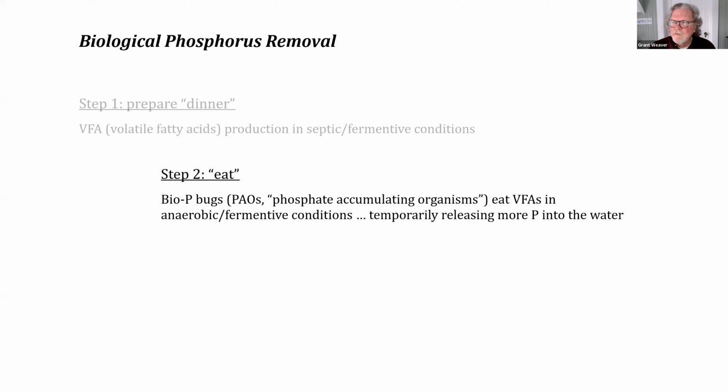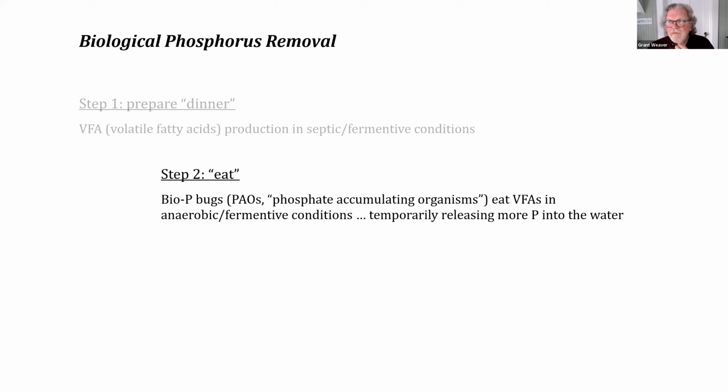So we've created the food, and then we're bringing the bacteria that eventually are going to go back into aeration conditions, the same bacteria, either in the same tank where you create the volatile fatty acids or in a different tank. They need to come together so that the phosphorus removing bacteria can eat that candy, that volatile fatty acids.